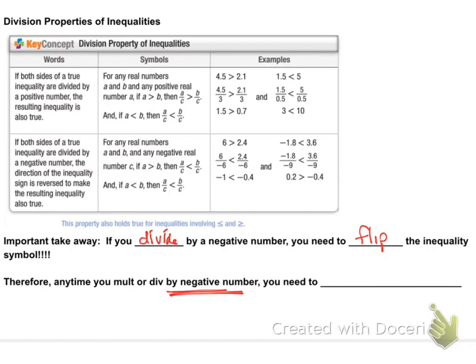Therefore, anytime you multiply or divide by a negative number using inequalities, you need to flip the inequality symbol. That's the biggest takeaway. You flip the inequality, guys, when you multiply or divide by a negative number. If it's not negative when you're dividing or multiplying, then you leave it alone.